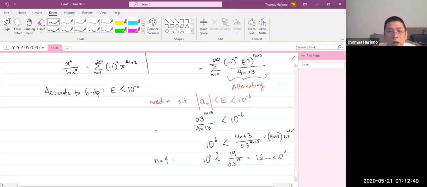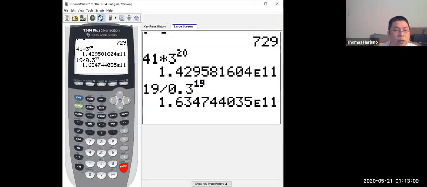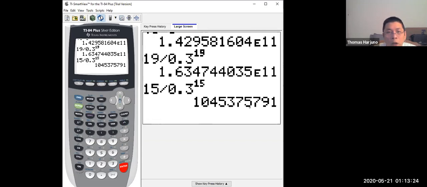Oh, let's try n equals 3. Is it true that, with 3, that's 15 over 0.3 to the power of 15?